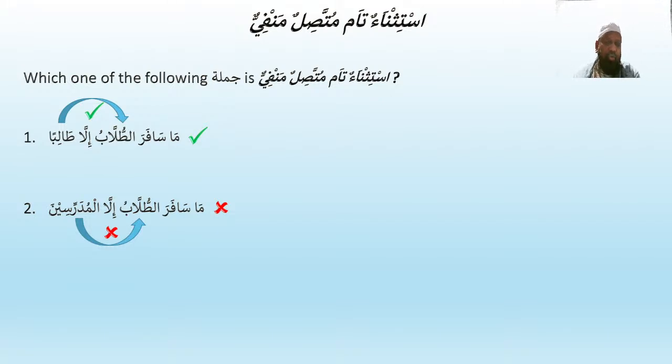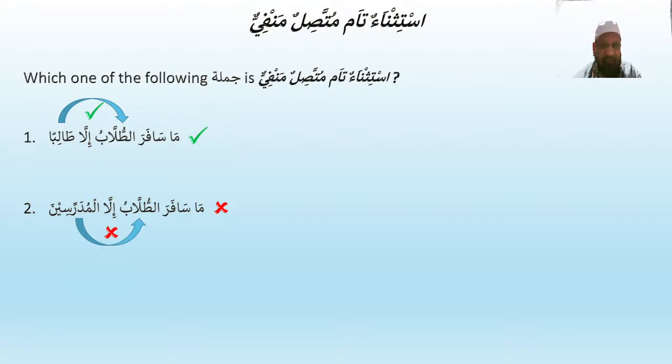We have all three present, so this is istisna tam. Is mustasna part of mustasna minhu? If it's yes, then it is muttasil. Now look, another condition, it has to be manfi.